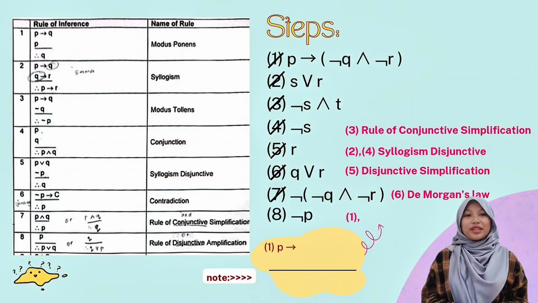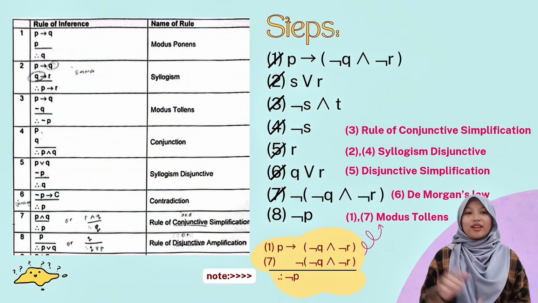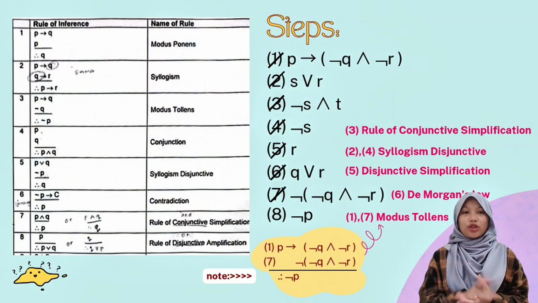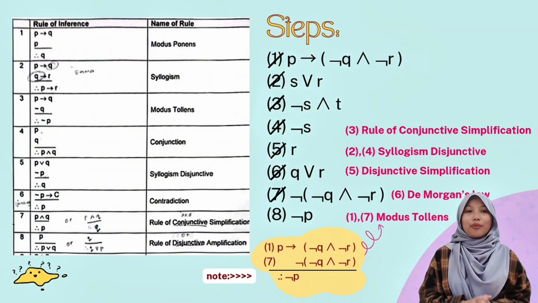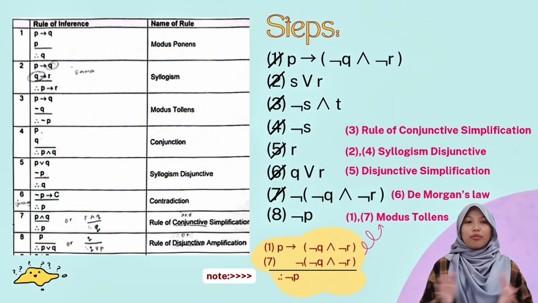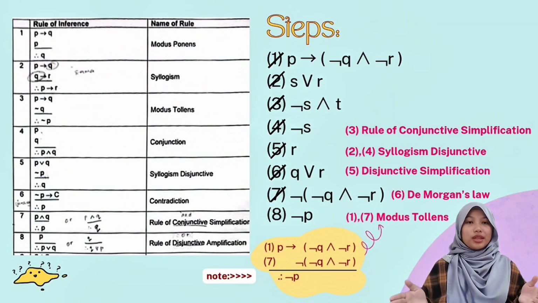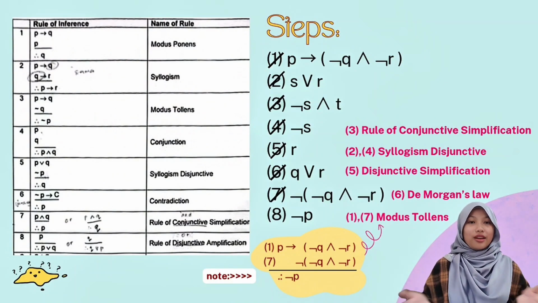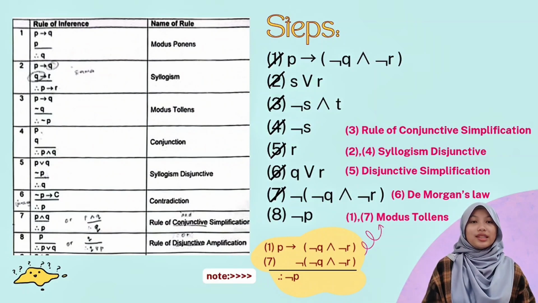Finally, the last step is we go back to line number 1, which is P implies not Q and not R. And from line number 7, we now have the negation of not Q and not R. So, by modus tollens, if the conclusion is false, then the premise P must also be false. Therefore, we can conclude in line number 8 that not P is true.